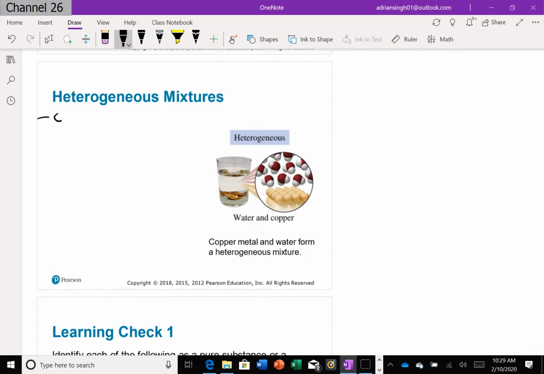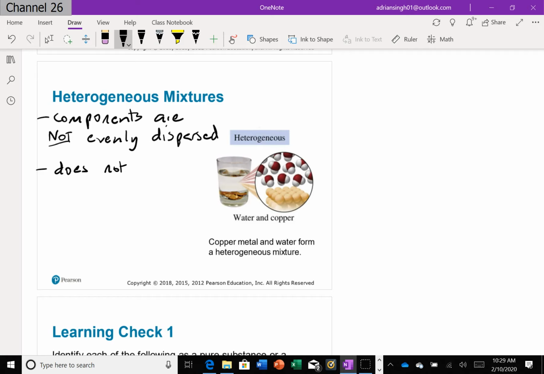components are not evenly dispersed. So it does not look the same.